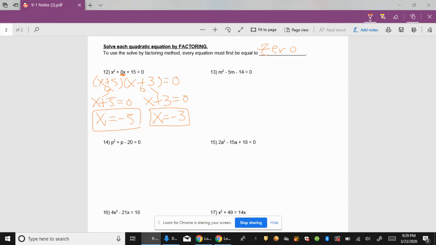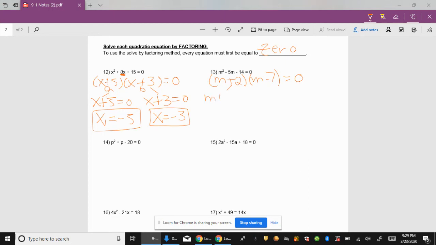So pause it now. Okay, hopefully you've had a chance to do that. If I factor this, it becomes m plus 2 times m minus 7 equals 0.